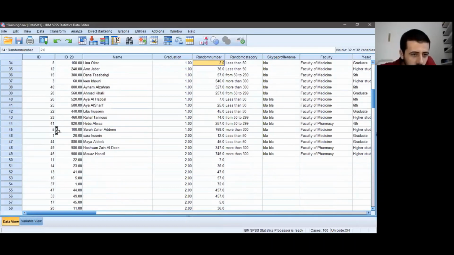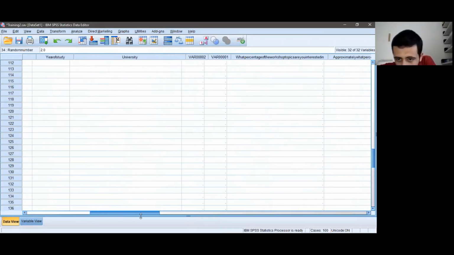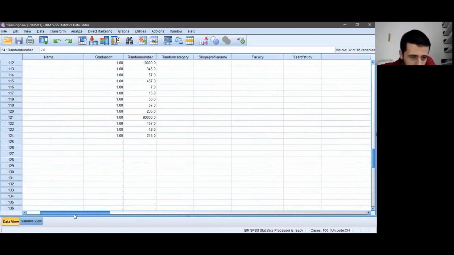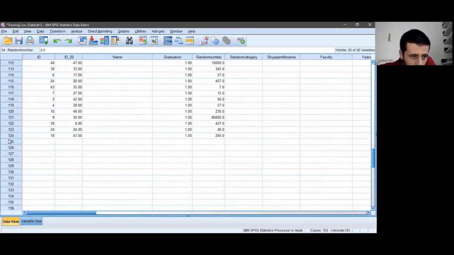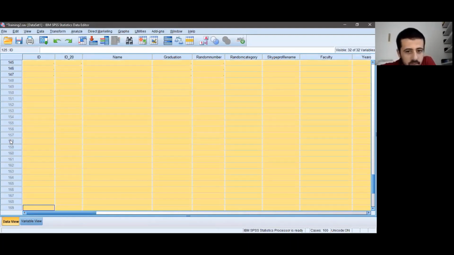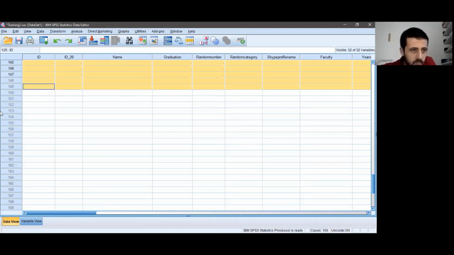Let's take a look. I will just delete the cases under this because it seems like they are considering them available cases.